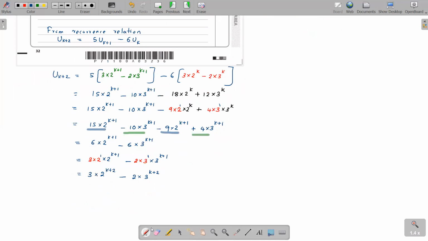So therefore, the general statement is true for u(n plus 2), the n plus 2 term.